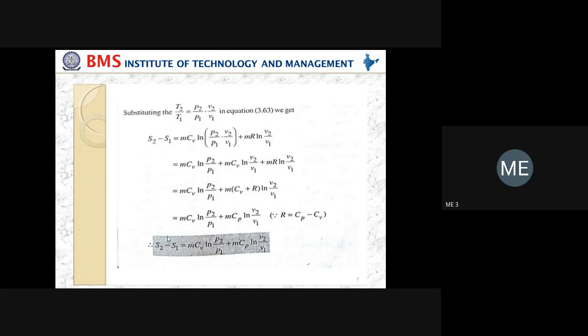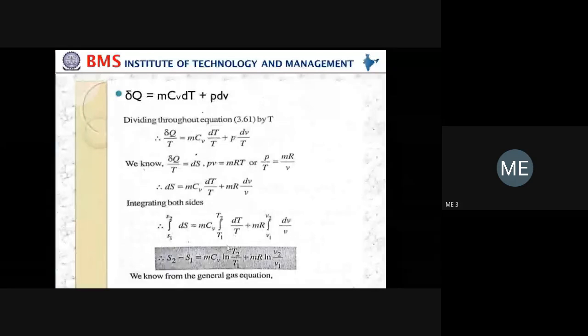So the final equation is S2 minus S1 equals m Cv ln P2 by P1 plus m Cp into ln of V2 by V1. So this is the expression for entropy change in terms of pressure and volume, and this one is entropy change in terms of temperature and pressure, and the first one is the entropy change in terms of temperature and volume.